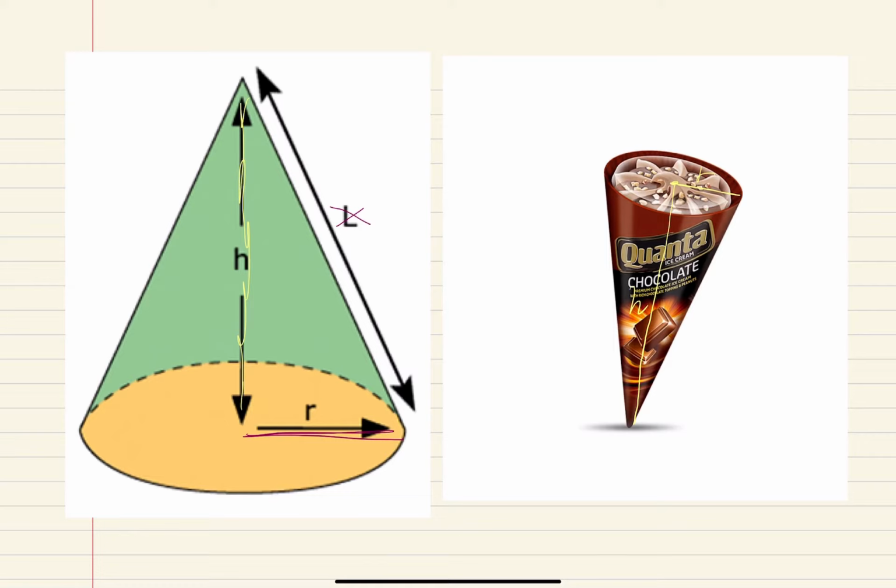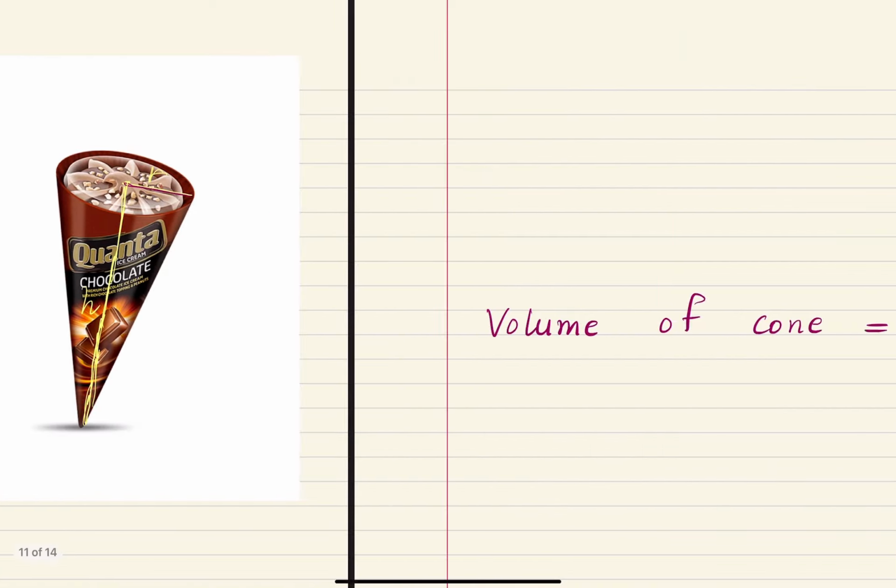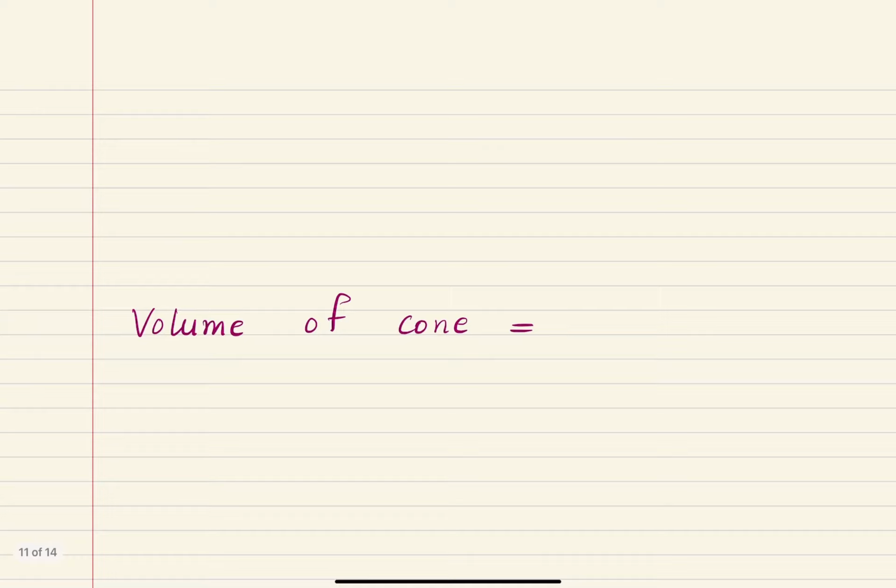For example, if you are looking at this figure, this is the radius and this is the vertical height. So we need these two to find the volume of the cone. Okay, let's see the volume of cone. Volume of cone is similar to volume of cylinder.